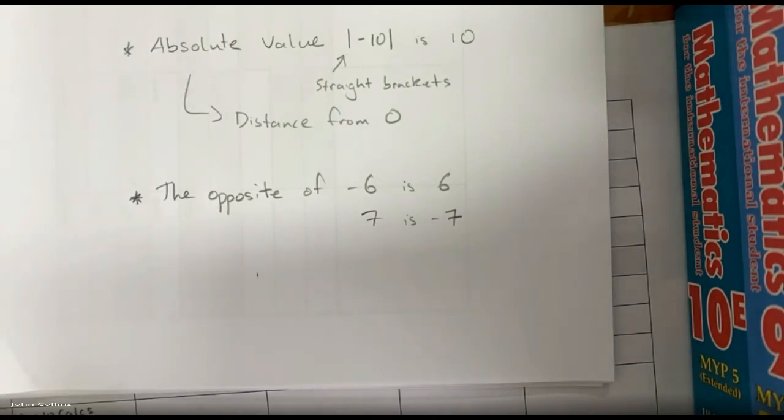Okay, so today's work, which I'm about to post on Manage Back, is some pretty basic stuff. I expect most of you would be ready for yellow or blue on this. It's just listing numbers from smallest to biggest or picking the biggest number.